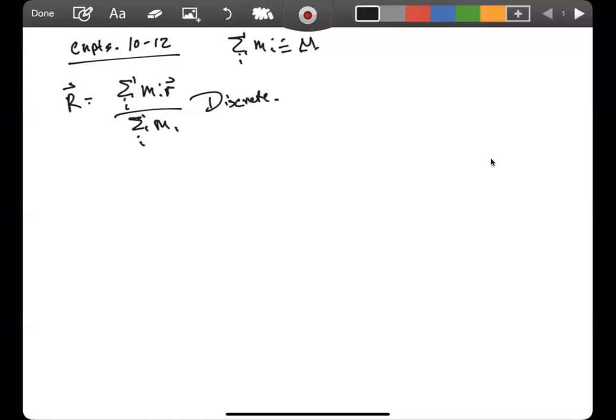If we have non-discrete objects, continuous objects, then this is going to become equal to the integral of the position r over the differential mass, divided by the integral over the differential mass.